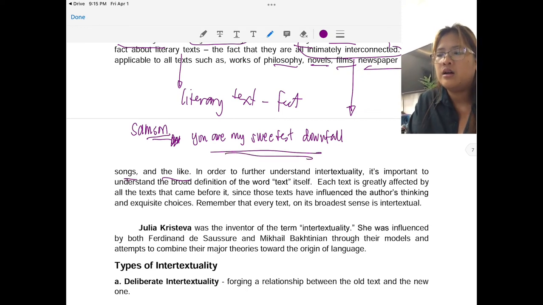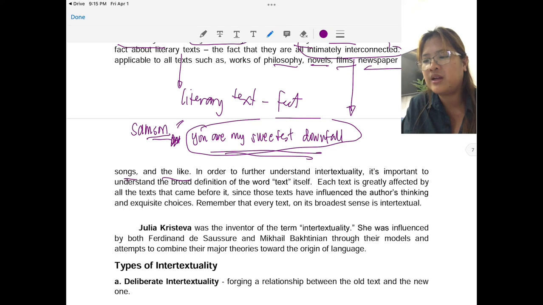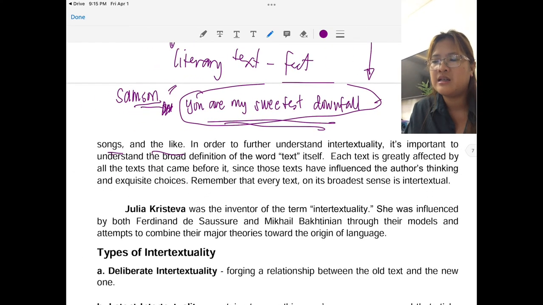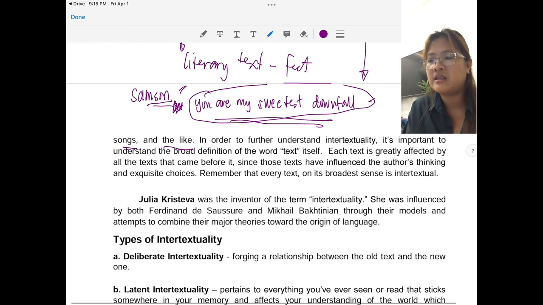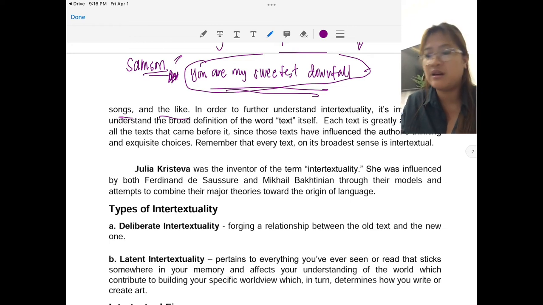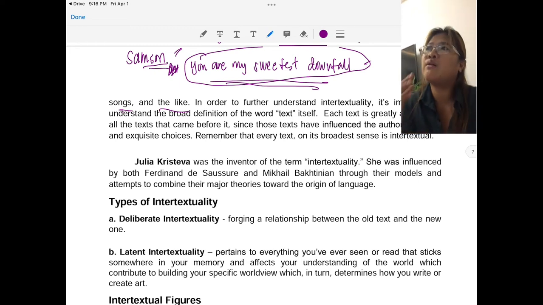Okay, how Delilah is portrayed to have cut Samson's hair, and then this line was very touching, at the same time very tragic, as the singer Regina Spektor sings, "You are my sweetest downfall. I loved you first. I loved you first." Diba ang ganda? That's how it works. So the story of Samson and Delilah within a song.